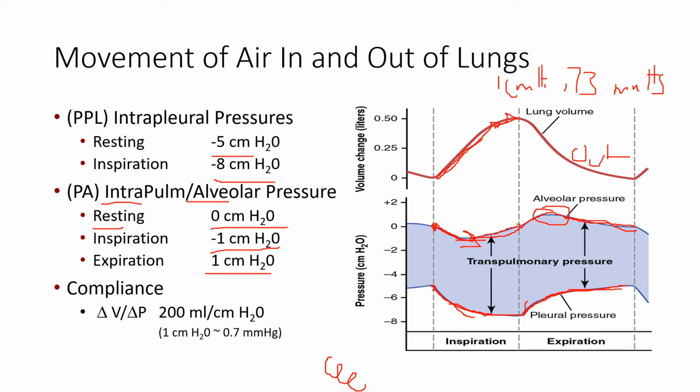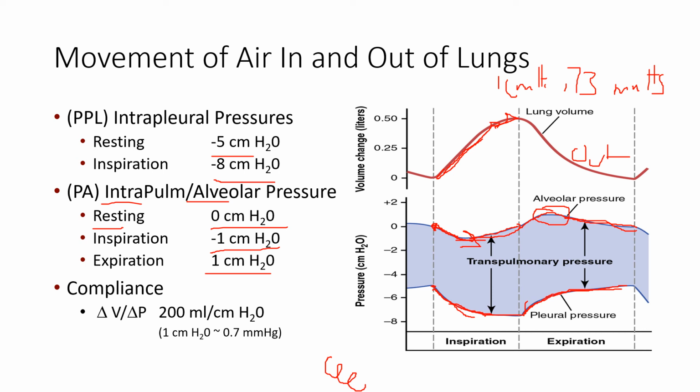So again, it's all by dictating these changes in pleural pressure, which acts upon the lungs, which decreases the pressure by increasing the volume in the lungs, allowing air to fill. The lungs fill and fill with more air.